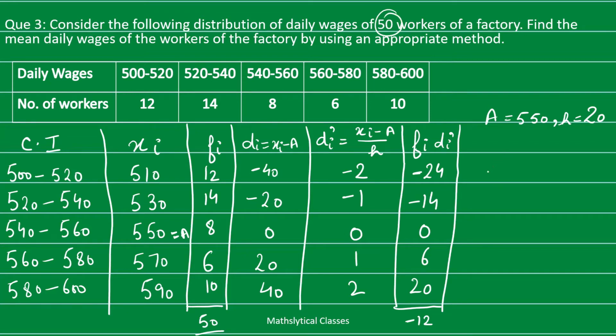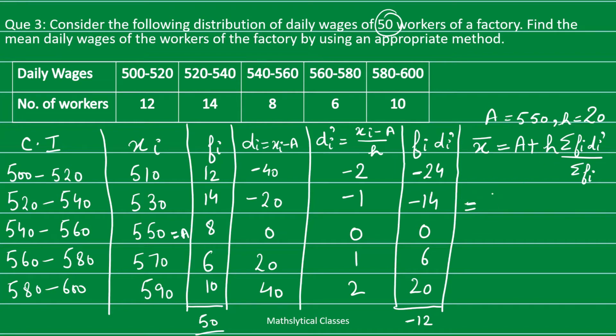Now let's apply the formula. The formula here is A plus h into summation fi di dash divided by summation fi. So you have to be careful here with the formula. h will be multiplied with these terms. In step deviation method, we multiply with h also.